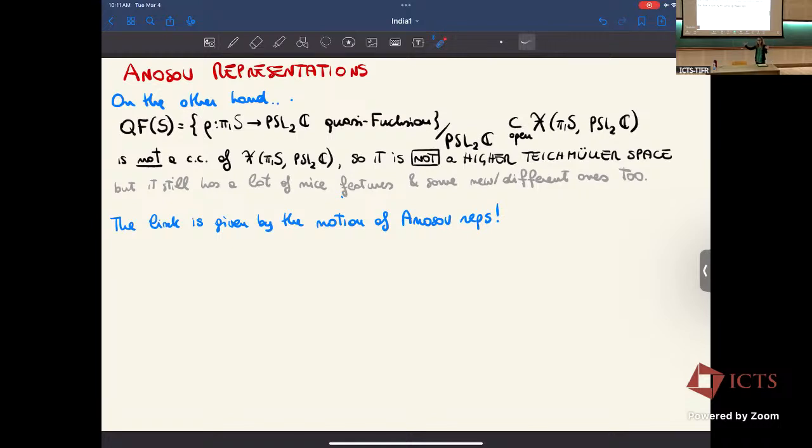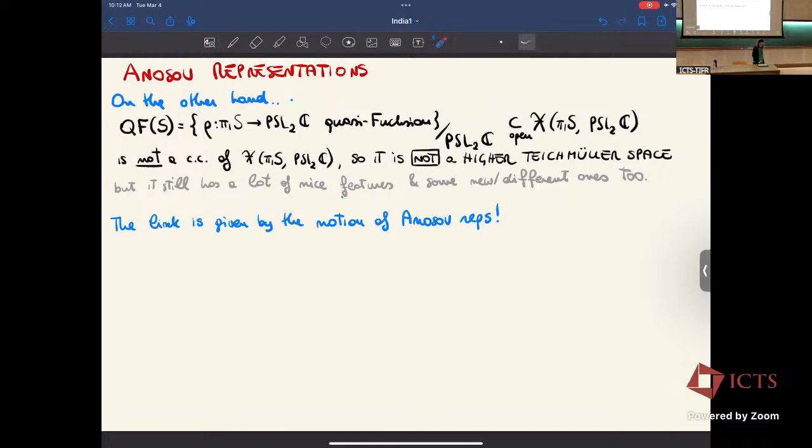So very far from being discrete. Okay. So for the talk today, we want to look at this setting. The notion of Anosov representation is the one that we will care about. We will not have a full component of the character variety behaving nicely, but we will have connected components where we have this nice behavior, this Anosov property.